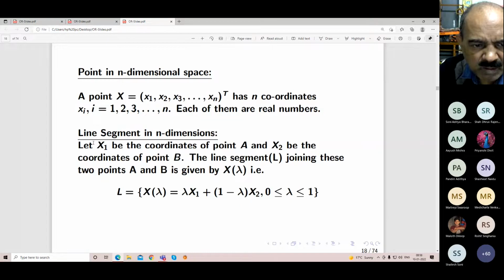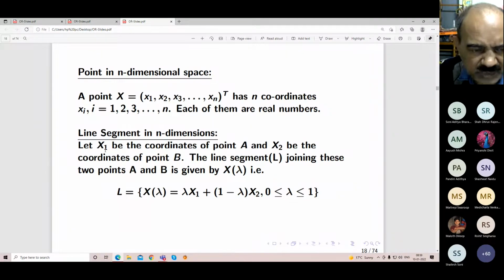Now we are talking about the line segment. What is a line segment? Let us consider two different points. In the n-dimensional space, A is a point. It has coordinates x1, x2, up to xn, but we are writing in vector notation x1.